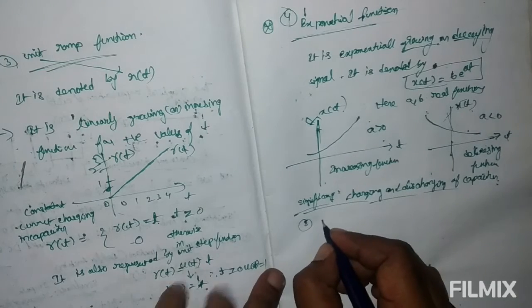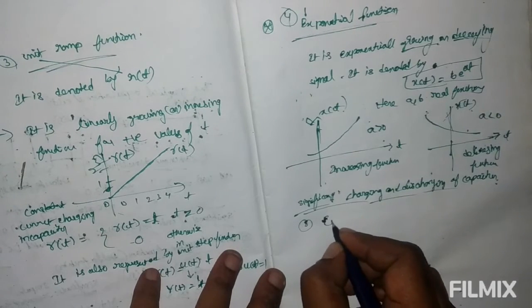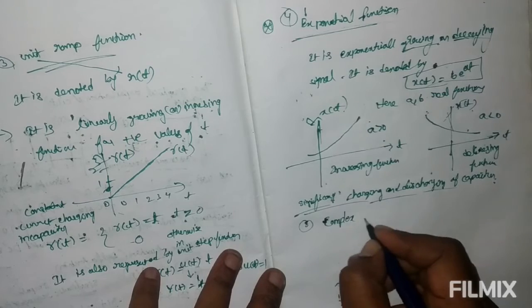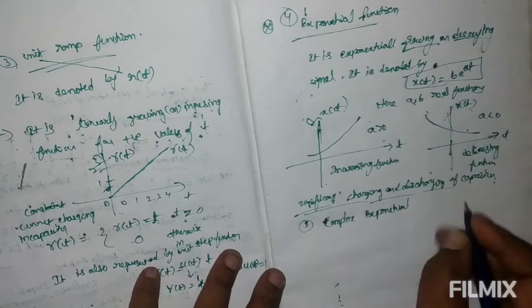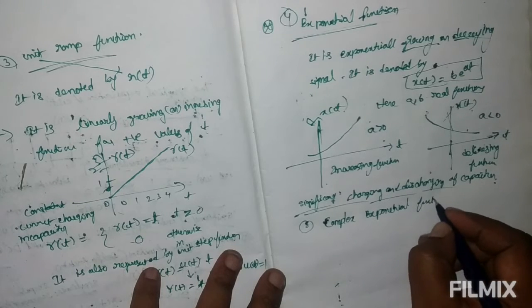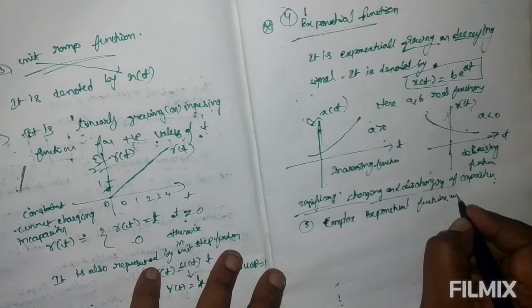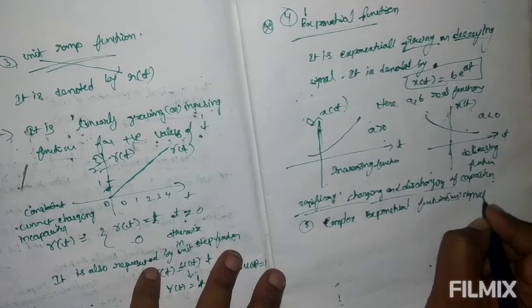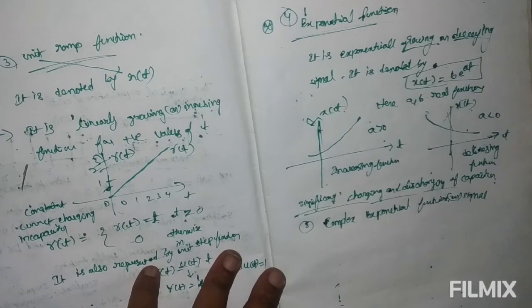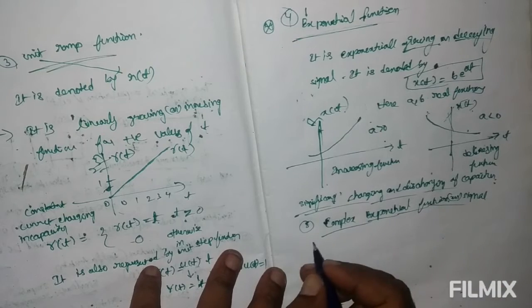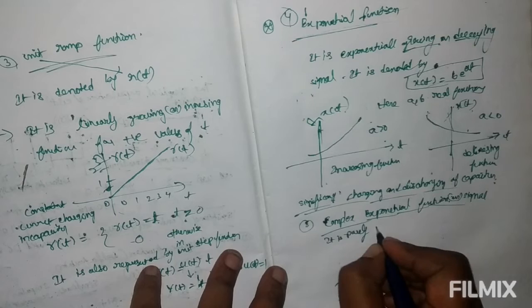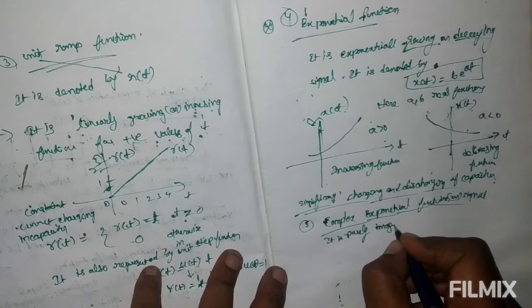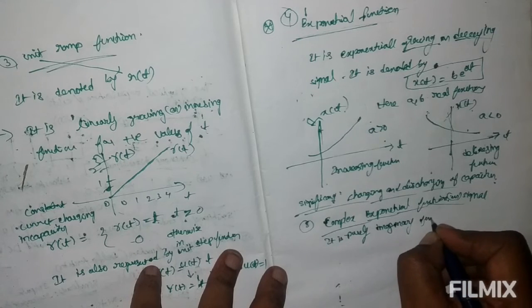Fifth one, coming to the complex exponential function or signal. It is a purely imaginary function.